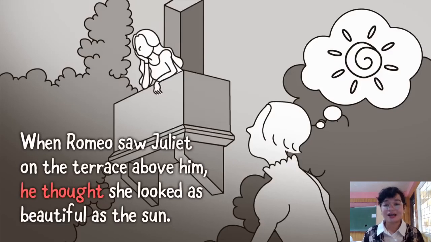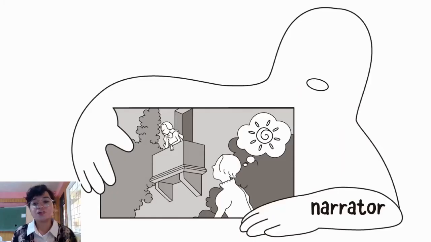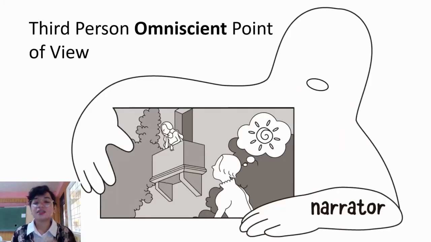In this example, we know what Romeo is thinking. We can say that this is limited, but if we go through the story and also get to know the real feelings of Juliet as well, this is what you call the third person omniscient point of view.